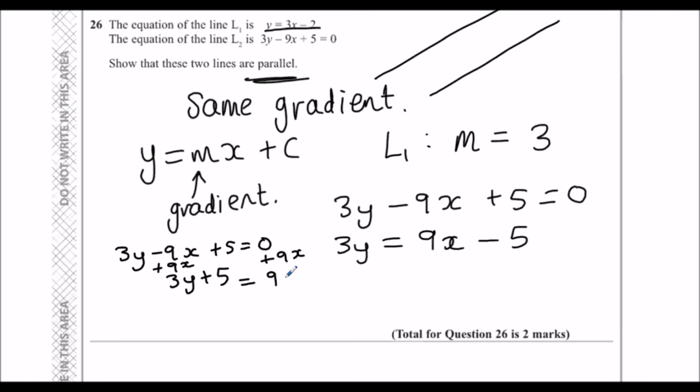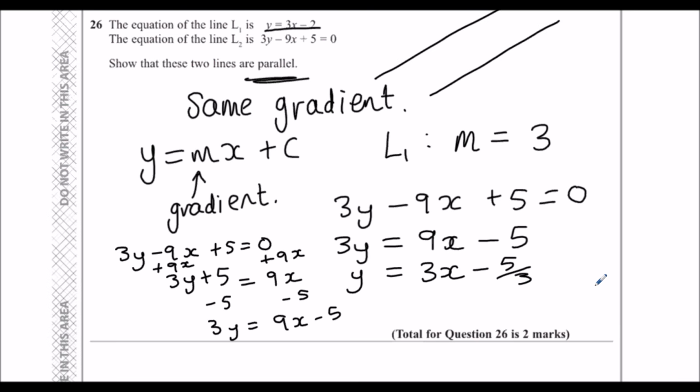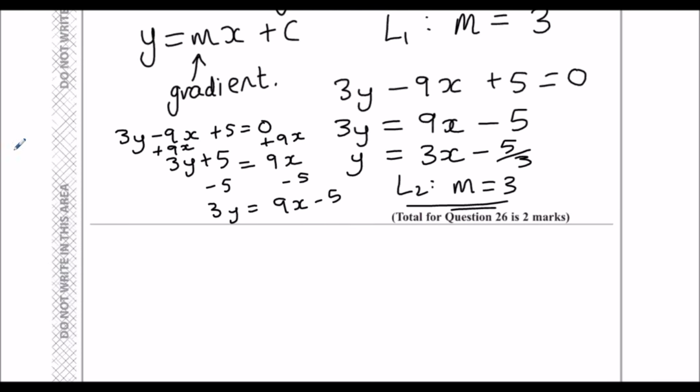And on the right side, I'll have 9x. And then subtract 5 from both sides. That will give me 3y equals 9x minus 5. And then to make it y equals, I need to divide through by 3. So if I divide everything by 3, I'll get y equals 3x minus 5/3. So for L2, m is also 3. So they've got the same gradient. Therefore, they are parallel.